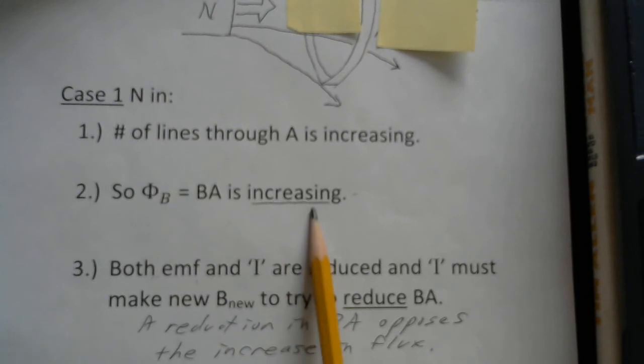And since this change in flux is an increase, the new magnetic field has to be made to reduce the amount of flux. So a reduction in the amount of flux is what opposes an increase in flux. We want to decrease the flux to oppose the increase that's happening by pushing in the magnet.